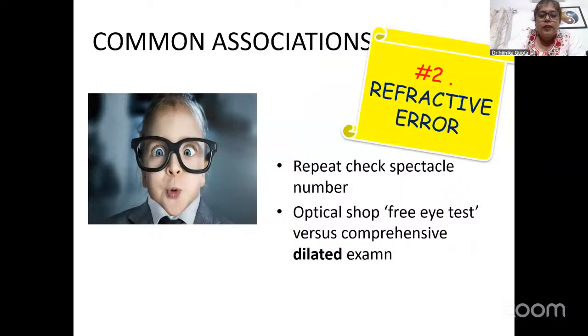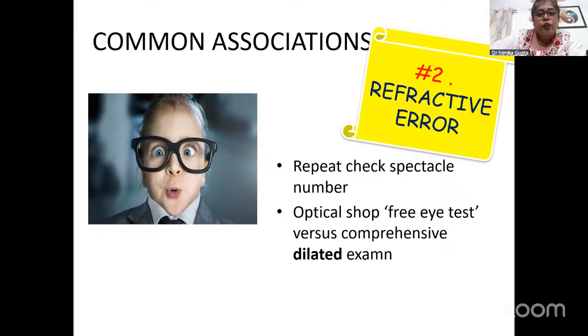The common thing that we have to rule out is a refractive error. So it's a good idea to do a repeat check on the spectacle number. Many a times we tell our patients, we feel that you need an eye checkup, aankh check karaya. The parents will immediately reply, हाँ, कुछ नहीं है, चश्मा नहीं है. Now, the second question that is of importance is कहाँ check करवाया?